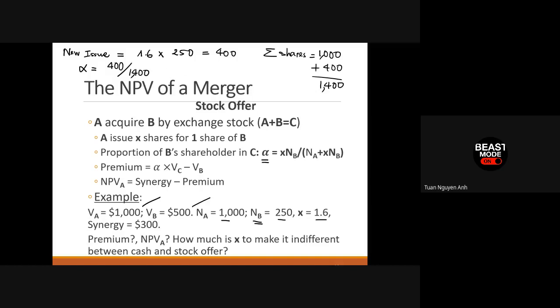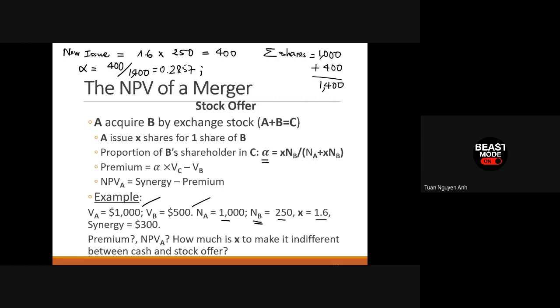And of course, the value going to company B here will be equal to this alpha, 400 over 1,400, which is 0.2857.